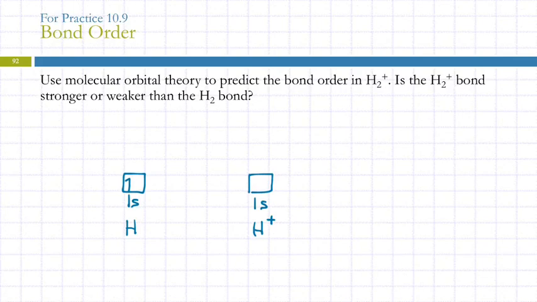When we combine these orbitals, we get one orbital that's lower in energy and one that's higher. So here's one that's lower. Here's one that's higher. So this is called a sigma 1s, and this is called a sigma star 1s. And a lot of times we'll do dashed lines here to show which atomic orbitals those came from.